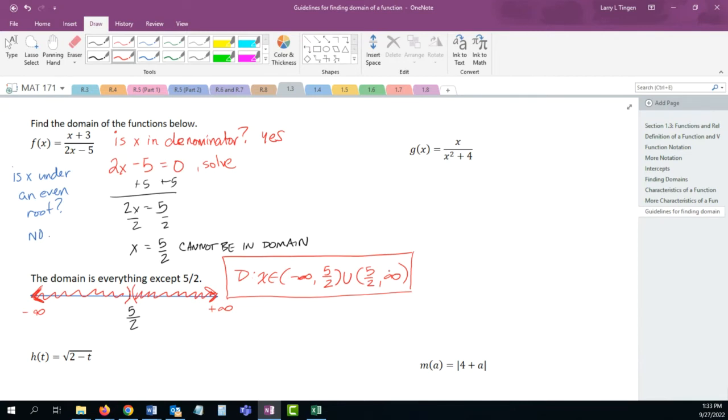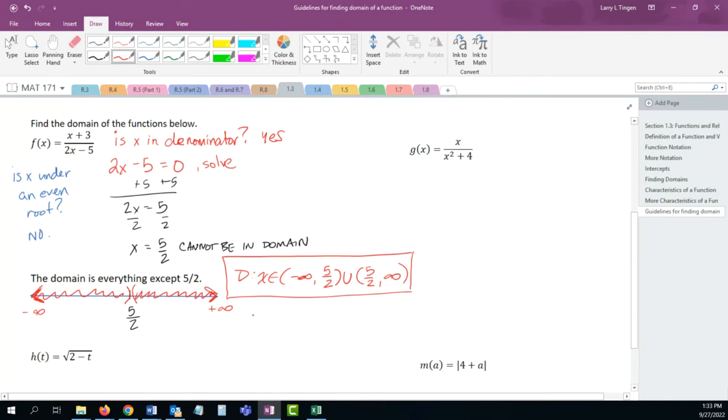Everybody okay with this concept, right? If the denominator were allowed to be 5/2, I would divide by 0, which breaks the universe and causes black holes. We don't want that to happen, so we have to remove it, and this is the way you remove it. If you have to remove a single point from a domain, writing it in interval notation looks like that.